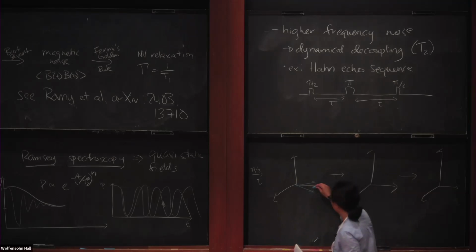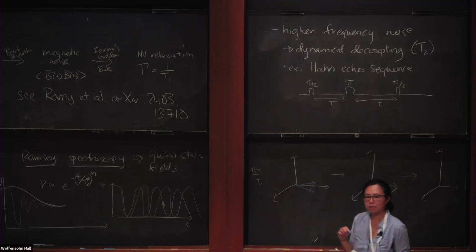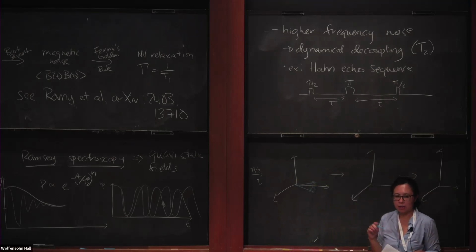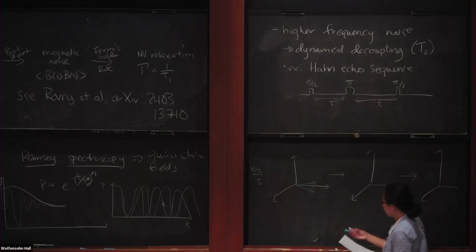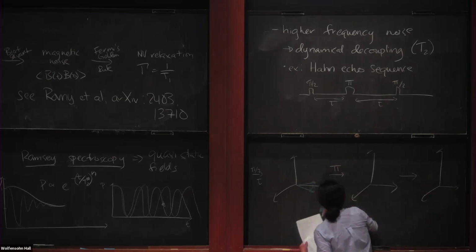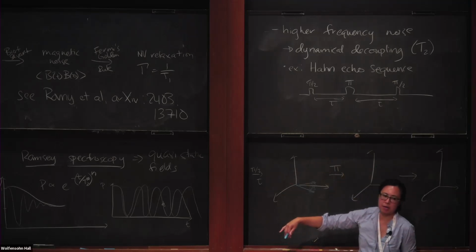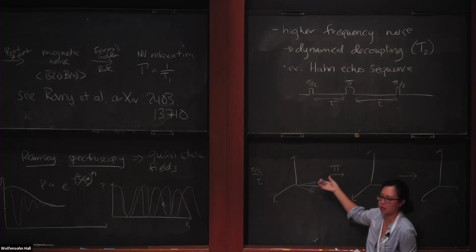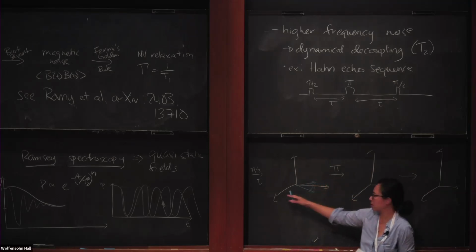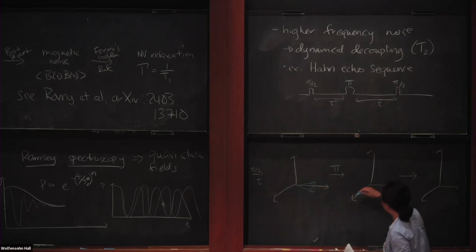Okay, so this is after some amount of tau, right? So I have some B times tau gives me that total phase. So now after this pi pulse, what I'm going to do is flip both of these things over some axis. I could flip them around here, but then it's hard for you to understand what's going on. So I'm just going to use this axis and then put them over here.